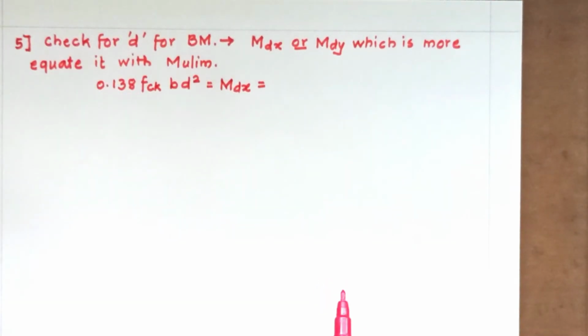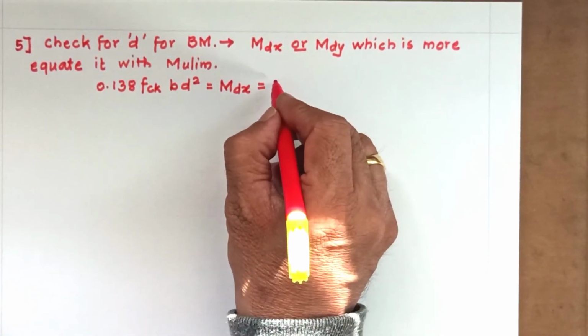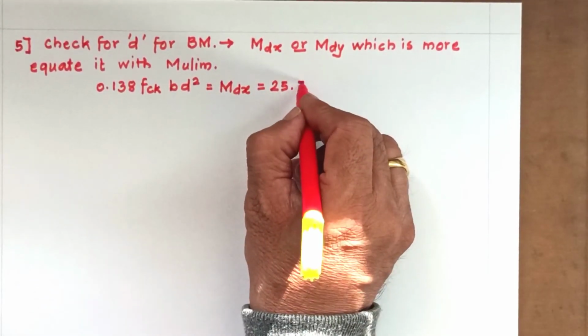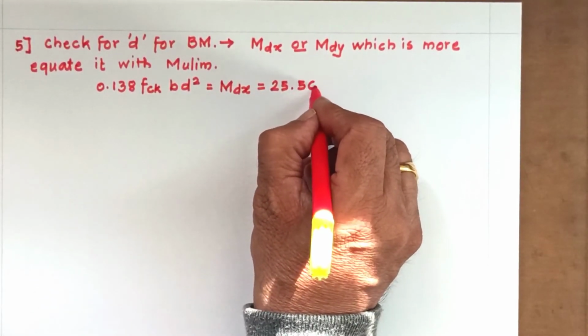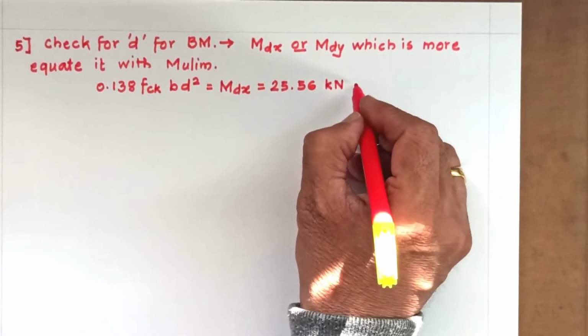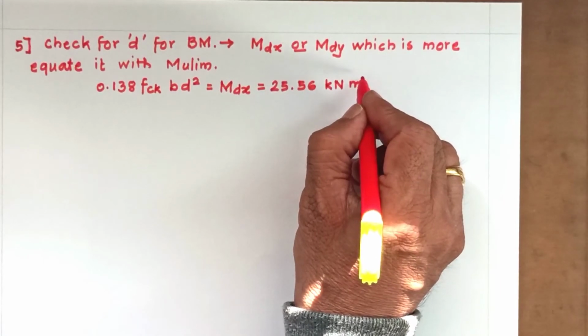MDX we have calculated, it is 25.56 kilonewton meter.